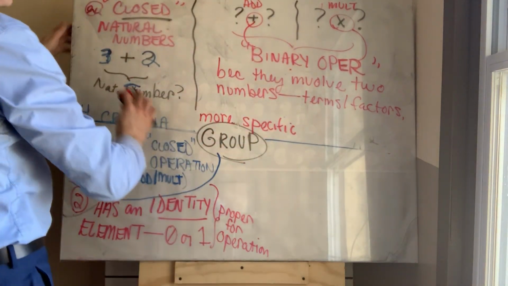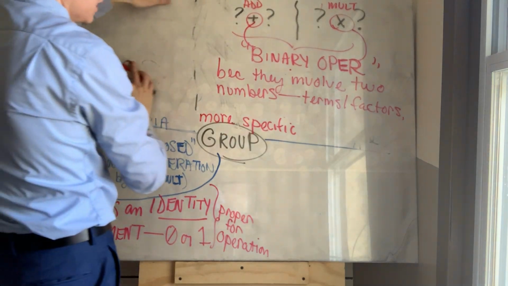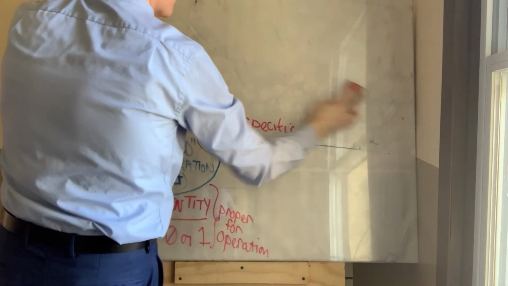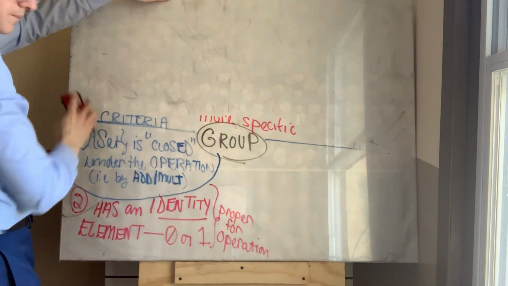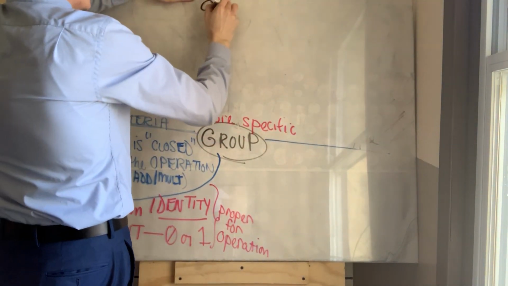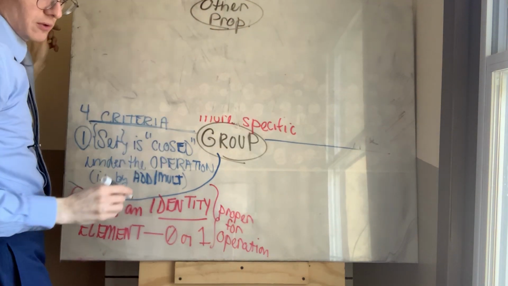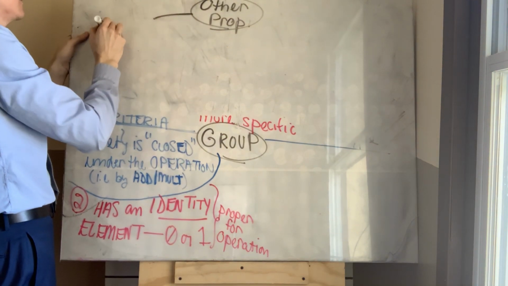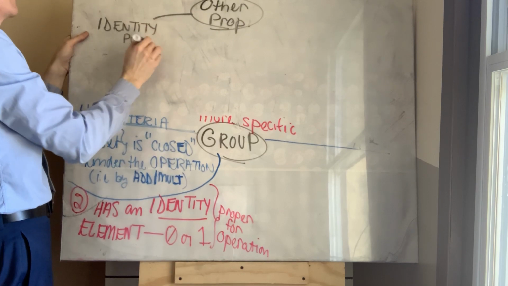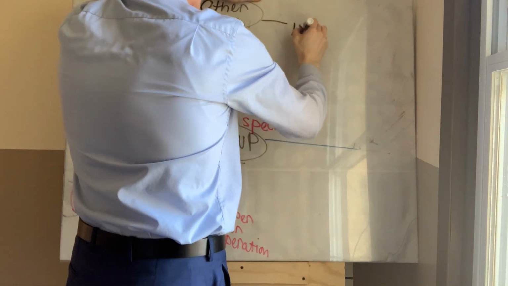The reason being, there are 2 other properties, which although your textbook doesn't mention them, I'm going to right now. You intuitively know these anyhow, but I'm going to give a label to them. There are identity properties, and there's 2 of them, and then there are inverse properties.